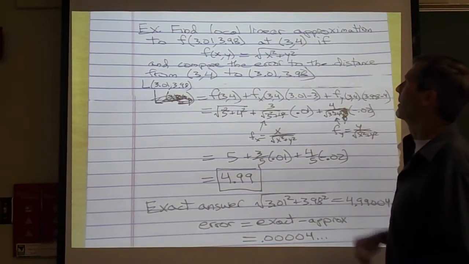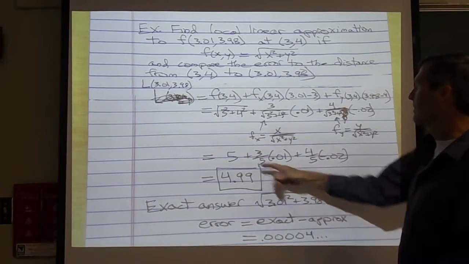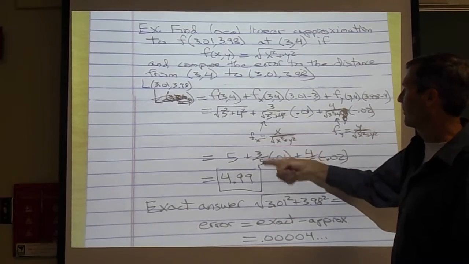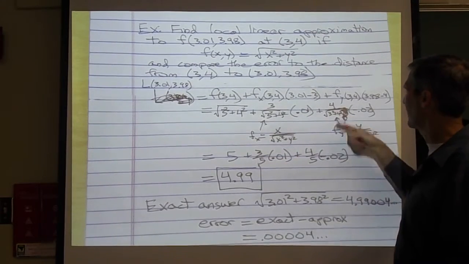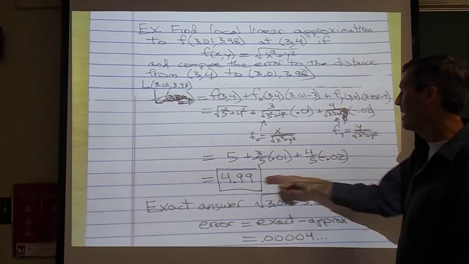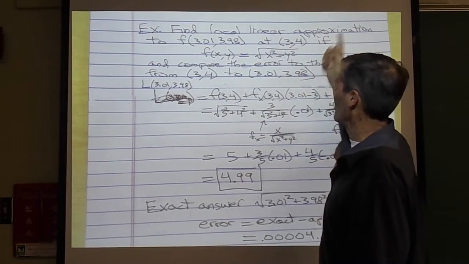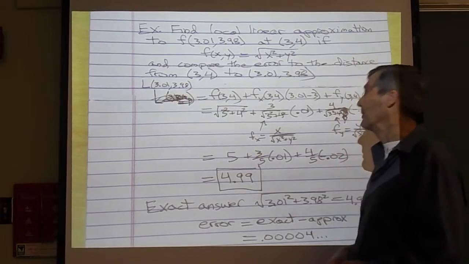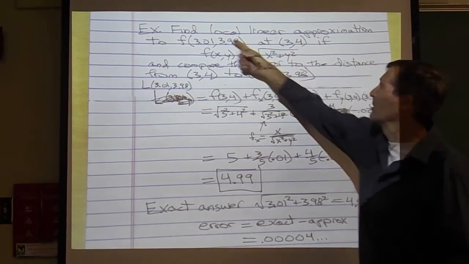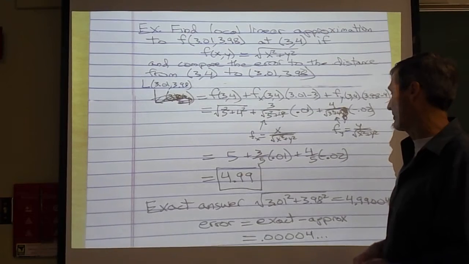We call it the local linear approximation. So we take 5 plus 3 over 5 times 0.01 plus 4 over 5 times minus 0.02. We get 4.99 is the local linear approximation or tangent plane approximation to this function at a really nearby point. It ought to be pretty accurate since it's so nearby.